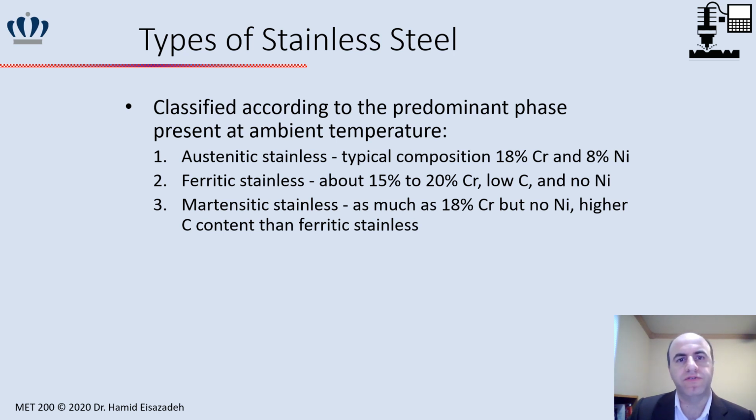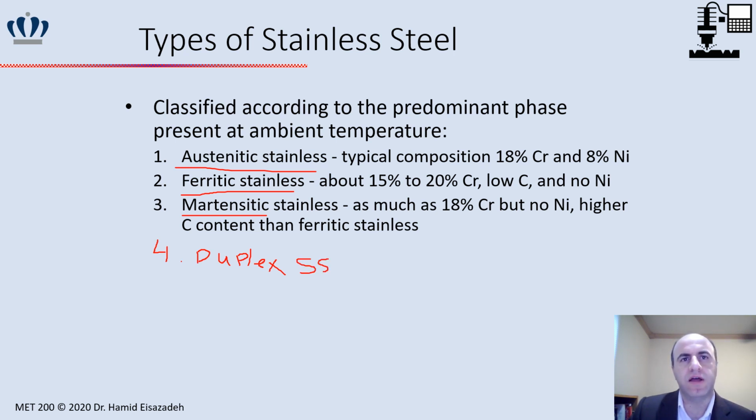By default, we have three categories of stainless steel. One is called austenitic stainless steel, and then second ferritic stainless, and martensitic is the third one. Recently, there was another category that was developed. It's called duplex, DUPLEX SS.